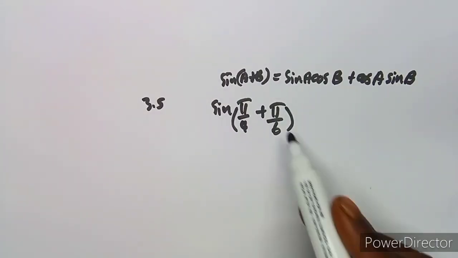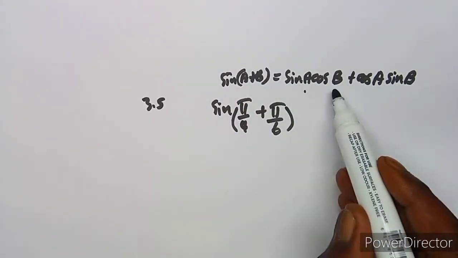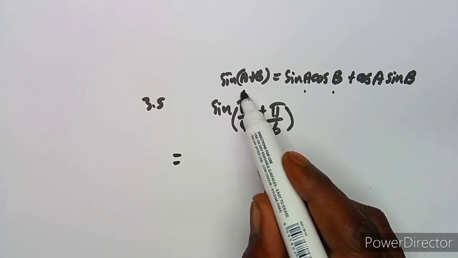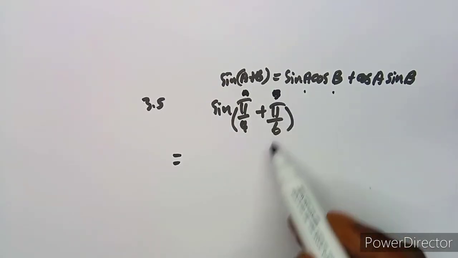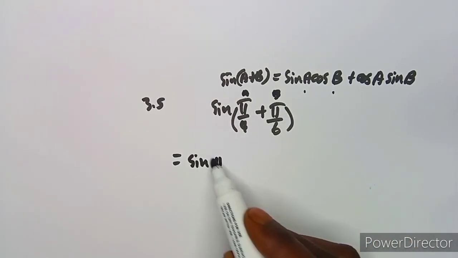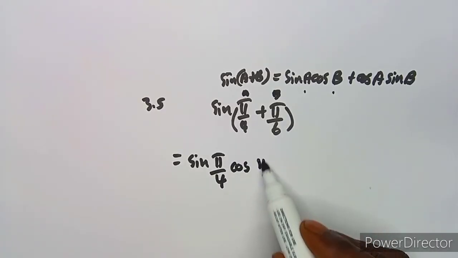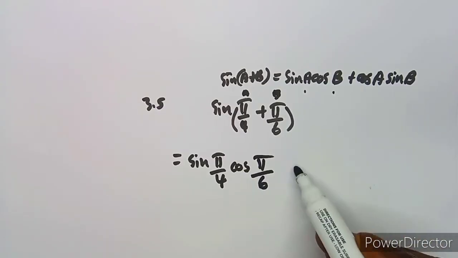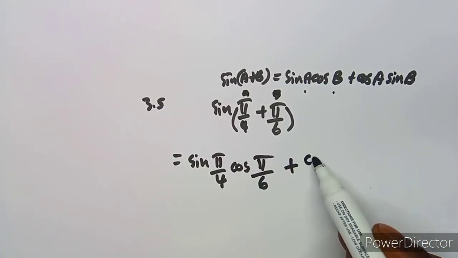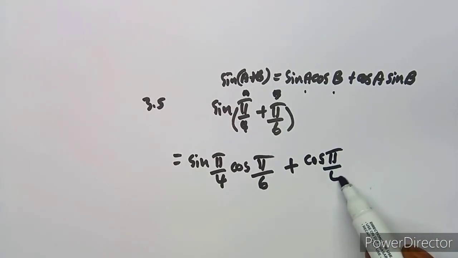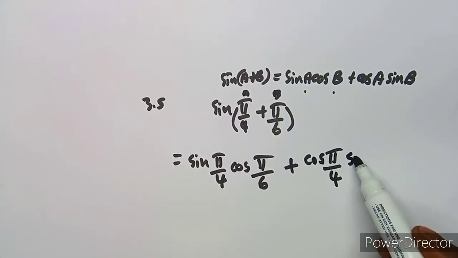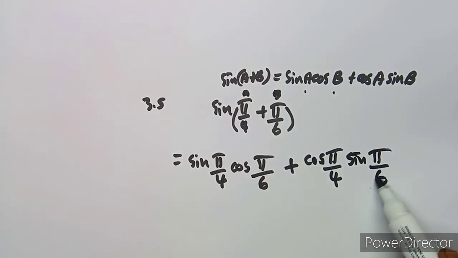Okay, let's just expand first. Sine A cos B, where this is your A and this is your B, is going to be sine pi over 4 cos pi over 6, plus cos A, which is cos pi over 4, times sine B, which is sine pi over 6.